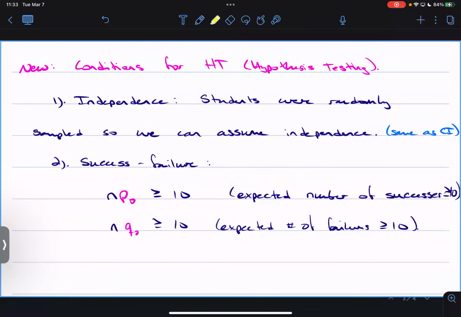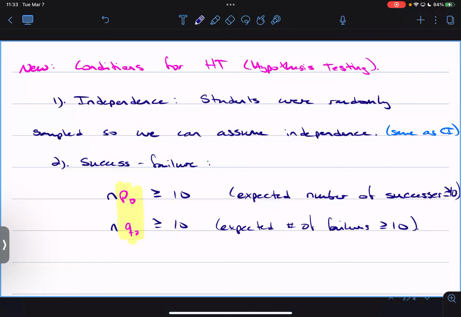So this part is what's new, right? It used to be P hat and Q hat, but now the change is that, okay, I actually have a hypothesized value for P, so I'm going to use that instead. And we saw that change in the standard error as well, right?